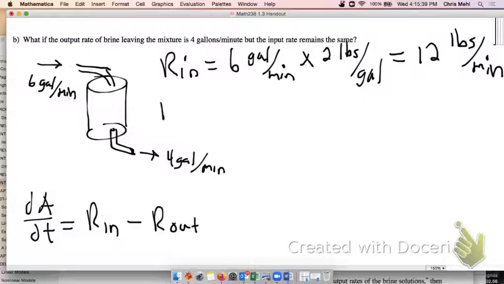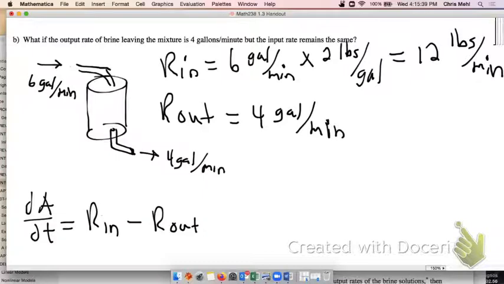So we have 12 pounds of salt coming into this tank every minute. Simultaneously, there's also going to be some rate of change in the amount of salt coming out per minute. This time, 4 gallons per minute are leaving. Then I have to multiply that by the concentration of salt per gallon.